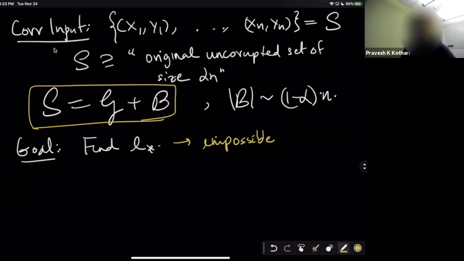The bad samples could contain another alpha n size set which is solvable by a completely different L star, a completely different vector. There is no way for you to tell the difference between this good-pretending subsample of the bad part and the actual good part. How can you tell? And if you can't tell, how can you find L star uniquely? So this is provably impossible. Hopefully that's absolutely clear. Again, feel free to stop me and ask questions, okay?